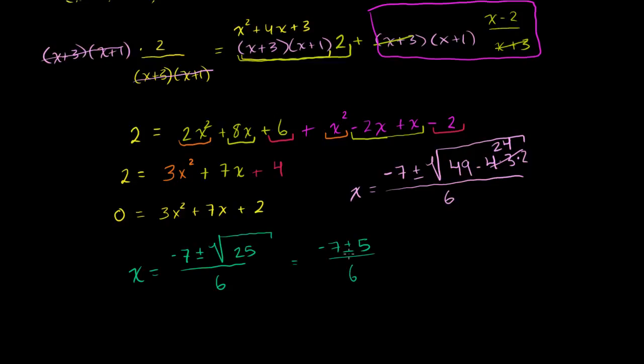And let's see, if we were to add 5, that'd be negative 7 plus 5 is negative 2 over 6, which is equal to negative 1/3. That is one solution. And then if I do negative 7 minus 5, that is negative 12 over 6, which is equal to negative 2.